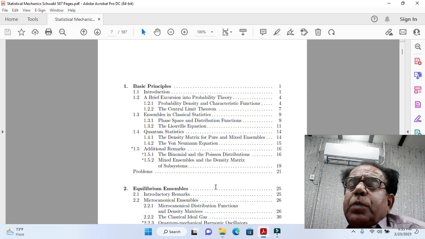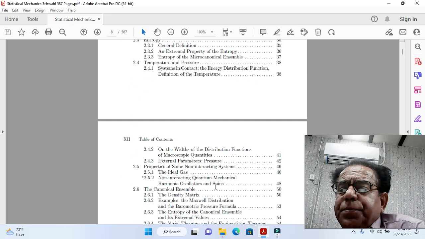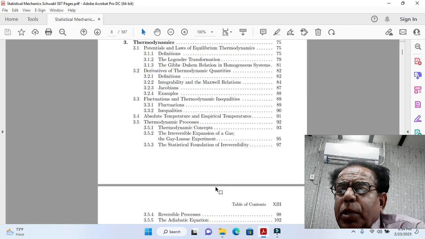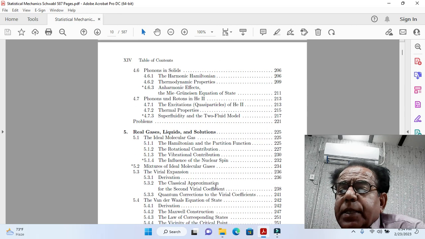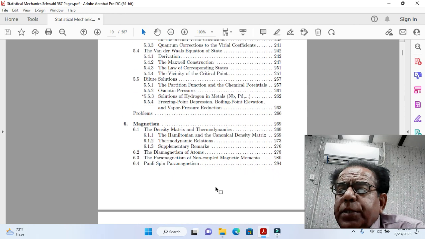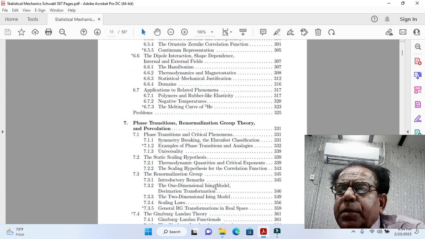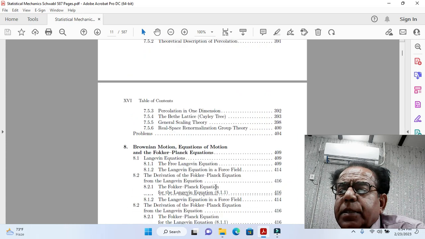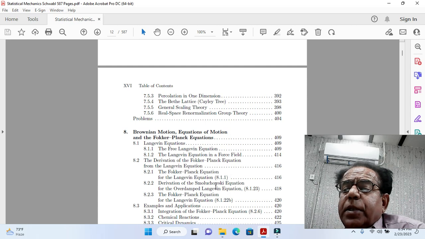Okay, now we come towards the contents. Basic principles, equilibrium ensembles, thermodynamics, ideal quantum gases, real gases, liquids and solutions, magnetism, phase transitions, renormalization group theory, and percolation. Brownian motion, equations of motion, and the Fokker-Planck equations.